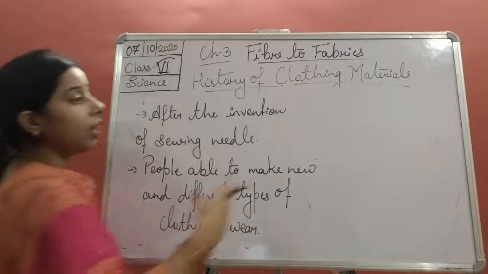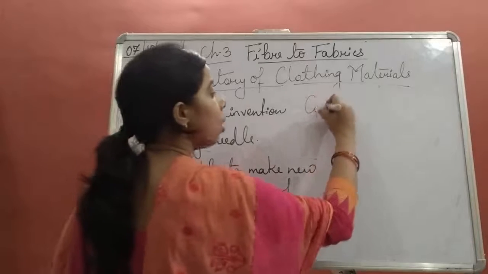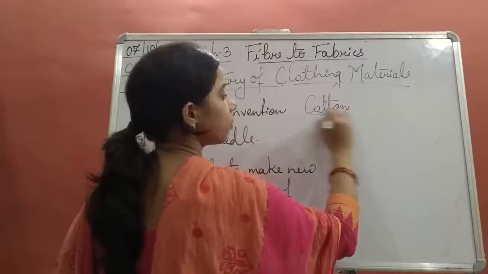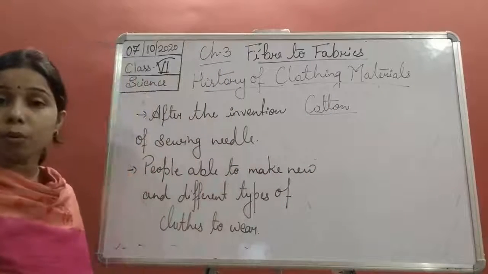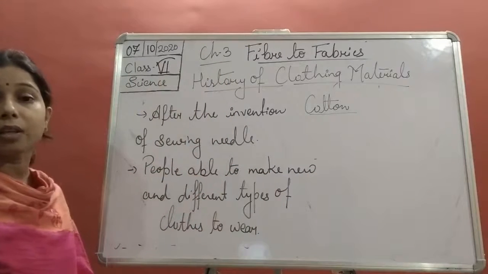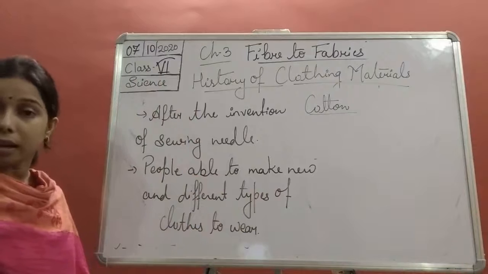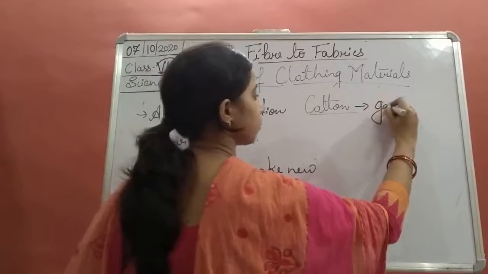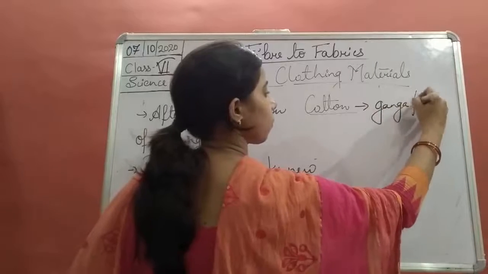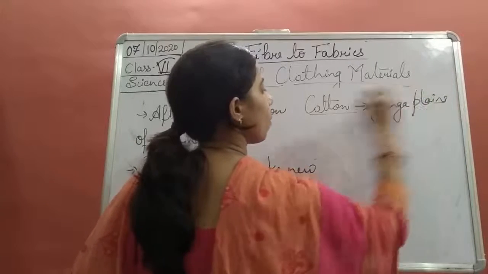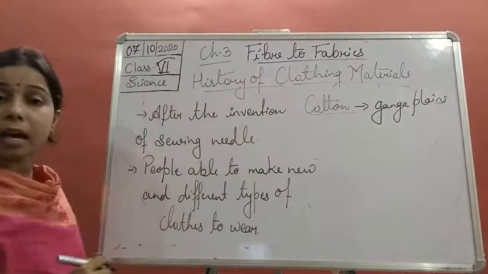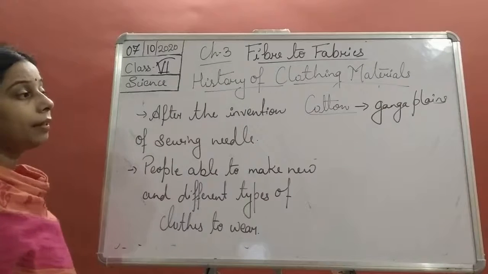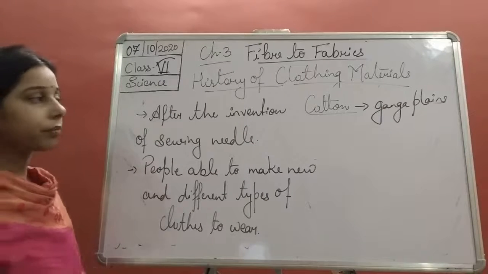Especially in India, cotton needs more water, so they started cultivating cotton near the Ganga plains. So cultivation of cotton starts near the Ganga plain.